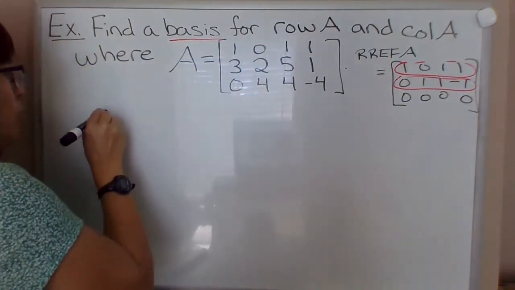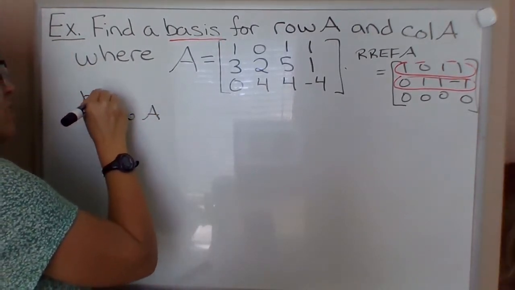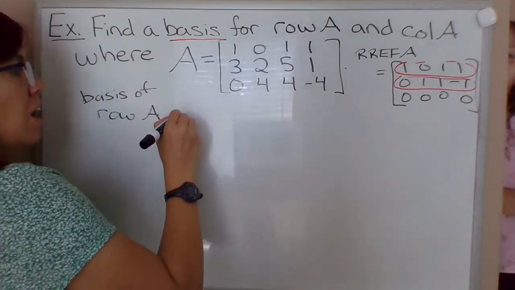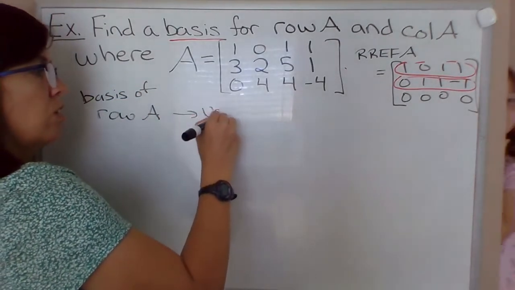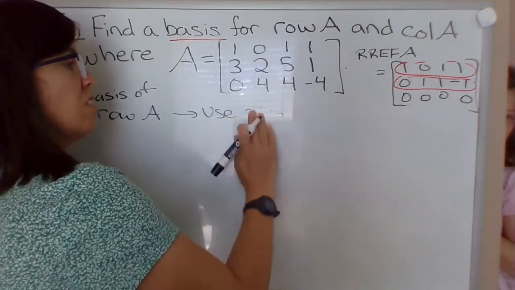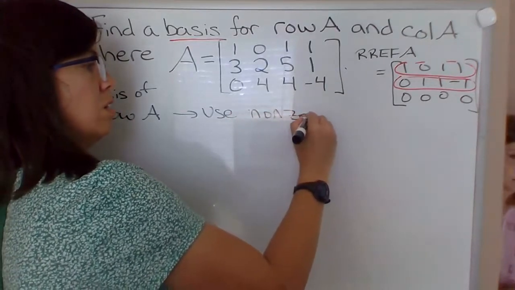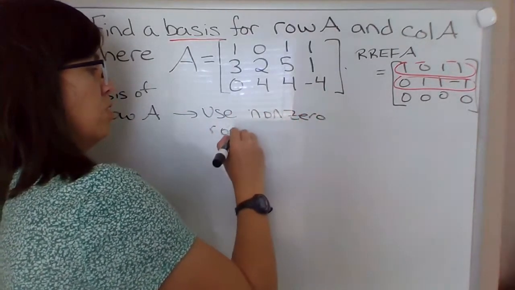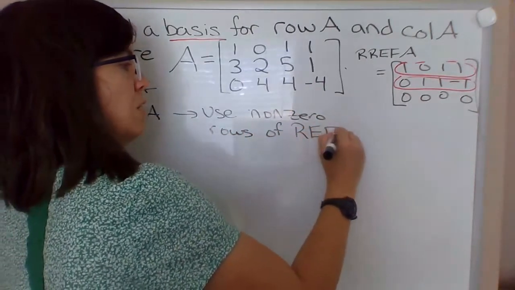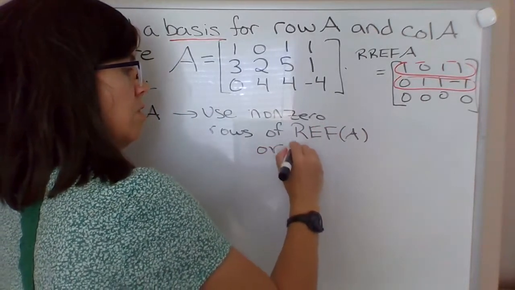So for a basis of the row space of a matrix A, we can use the non-zero rows of either just regular REF form or RREF.